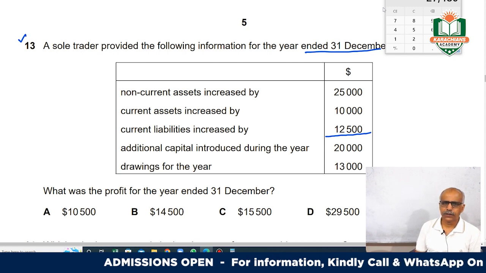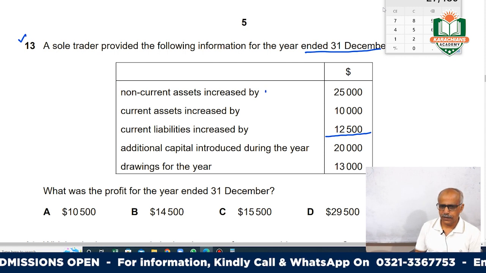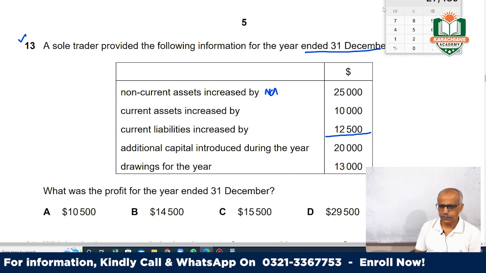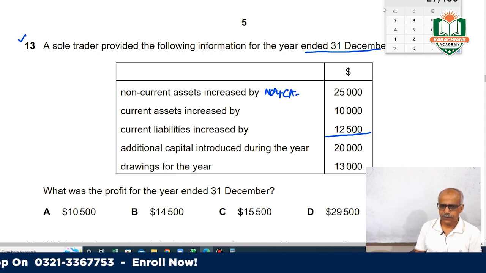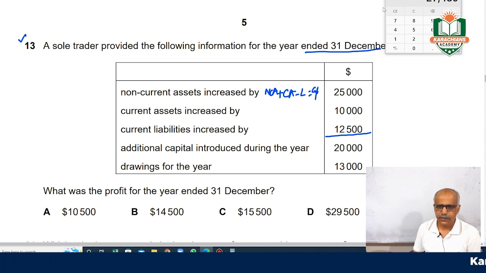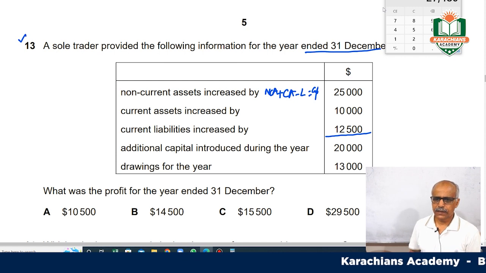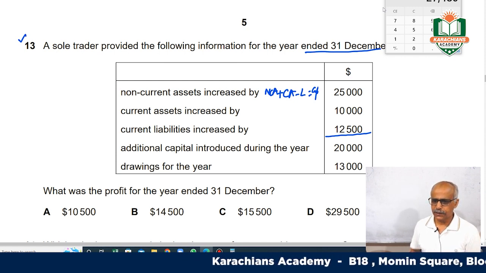This is very simple: non-current assets plus current assets minus liabilities will be equal to capital. This is the very simple formula, and they are showing the increase.